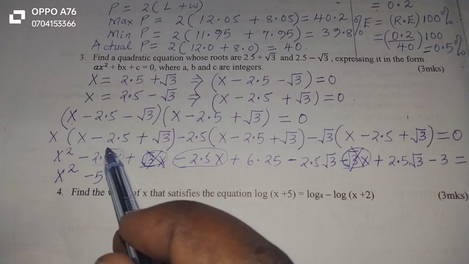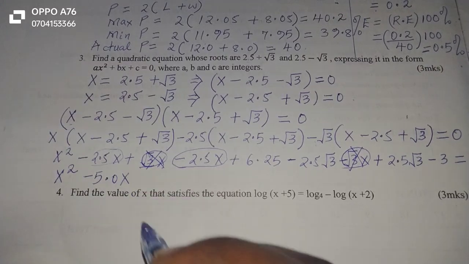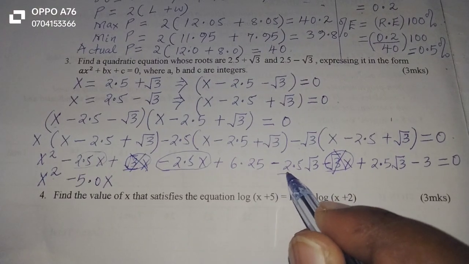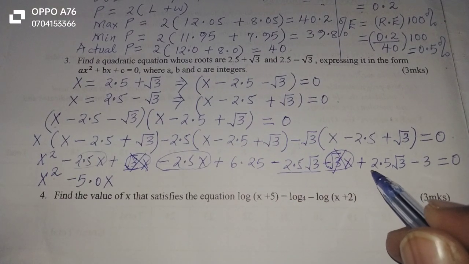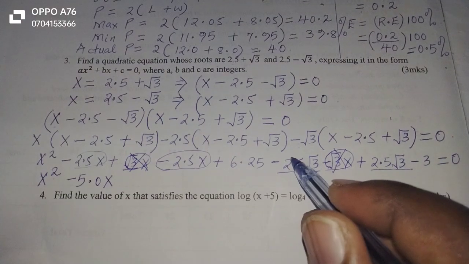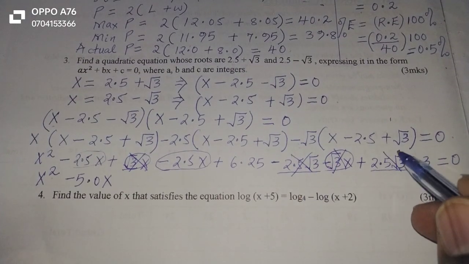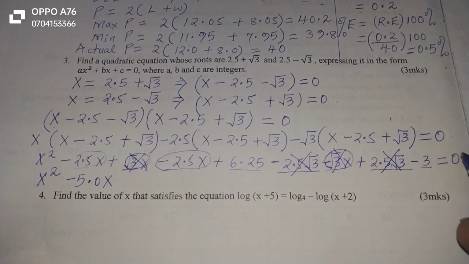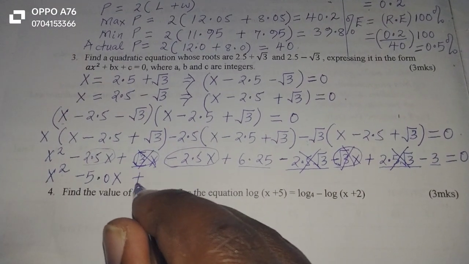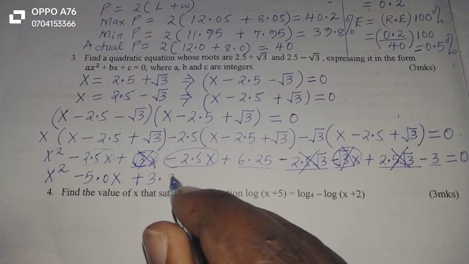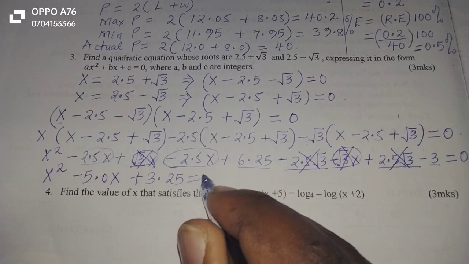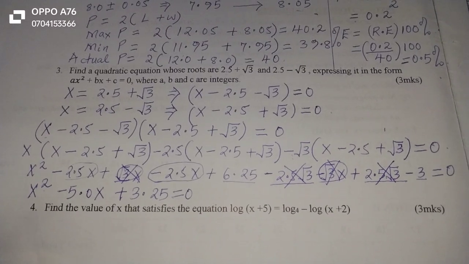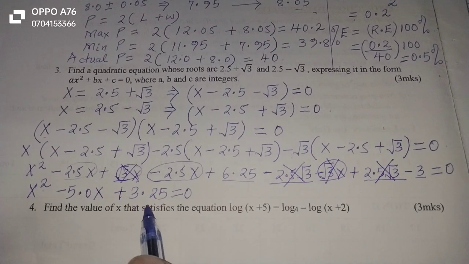Now we go to minus 2.5 root 3 and positive 2.5 root 3, whereby they cancel one another. And finally, we shall have 6.25 minus 3, which means this will be plus 3.25, then equals to 0. So now, because we've been told that a, b, and c are integers, then we have to do away with the decimal.